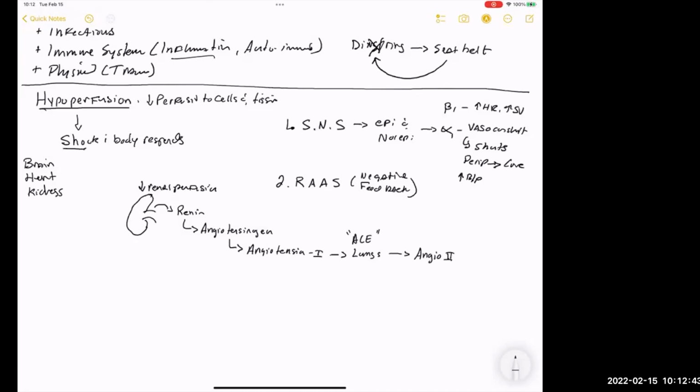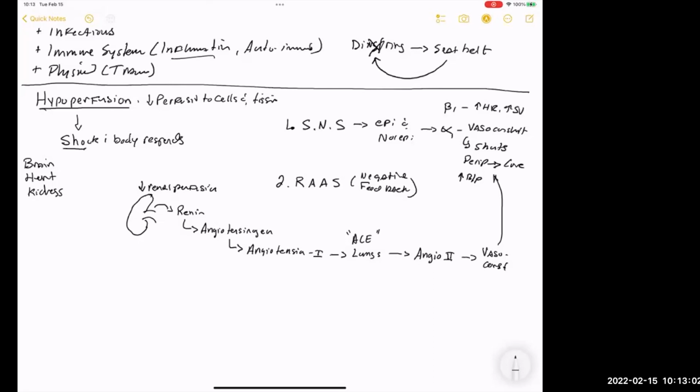And angiotensin 2 causes vasoconstriction. So it causes additional vasoconstriction on top of what you're seeing with the alpha-1 effects to try to increase the blood pressure.